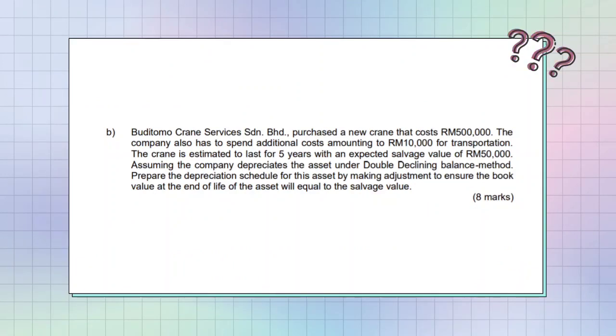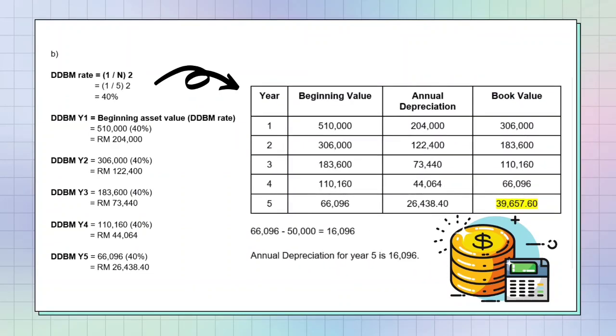Question 1B. Buritomo Crane Service purchased a new crane that cost Rm500,000, with an additional cost of Rm10,000 for transportation, and an estimated life of 5 years with a salvage value of 50,000. In this question, we need to use the double declining balance method. First, we need to calculate the DDB rate for the annual depreciation, and the beginning value will be minus the annual depreciation to get the book value.